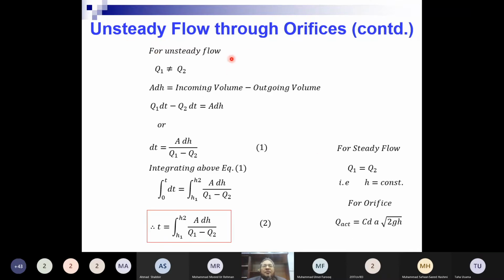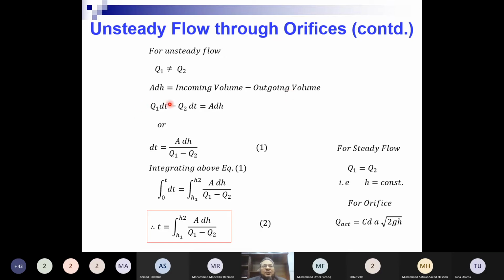Now for unsteady flow, it is necessary that Q1 should not be equal to Q2. If they are equal, then the flow would be steady. The change in volume in time dt would be area times dH, that is the incoming volume minus the outgoing volume.